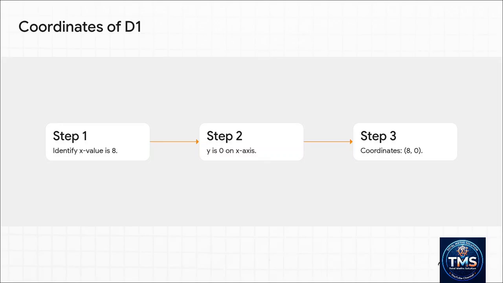This perfectly illustrates one of the golden rules of coordinate geometry. First, D1 sits at the number 8 on the x-axis, so our x value is 8. Now here's that golden rule. Any point sitting totally flat on the x-axis will always have a y value of 0. It hasn't climbed up that vertical ladder at all, so we put it together in our standard x, y format, and we get our exact answer, 8, 0.